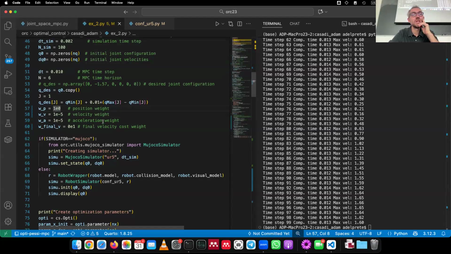The final cost is only on velocities. The constraints on the final joint configuration made the problem unfeasible. So we cannot have it, because since the horizon is short and we start far from the target, we cannot reach the target within the horizon.